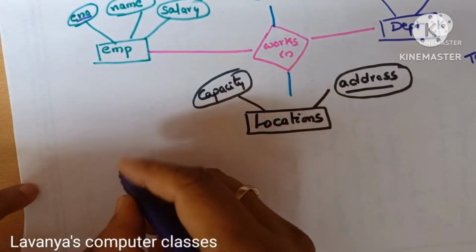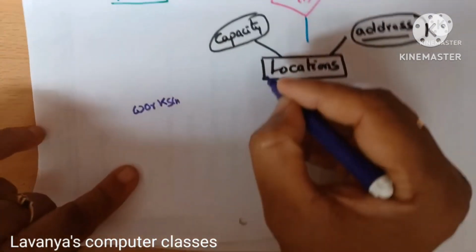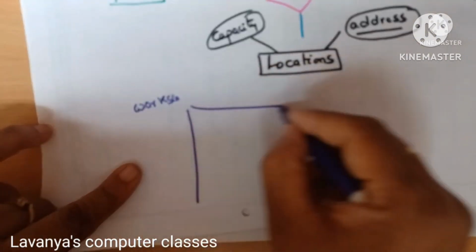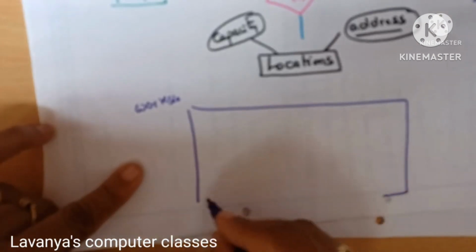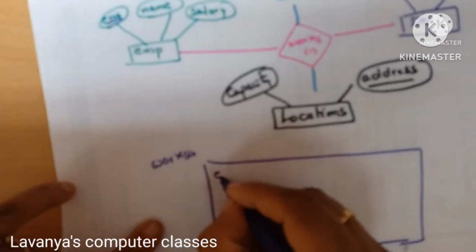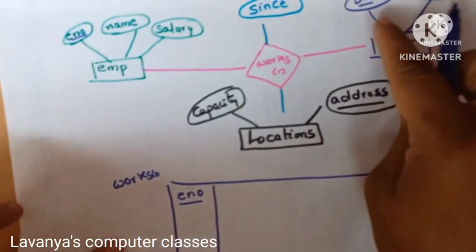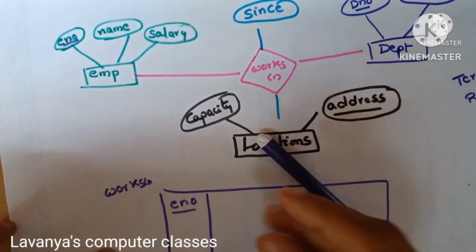And how can you convert this relationship into table form? What is the relation name here? The relation name is works in. So table name is also works in. And what are the fields in this table? Take all the strong entities. Employee is the entity set with primary key attribute employee number. Take all the primary key attributes.